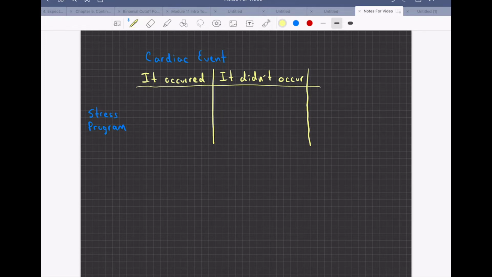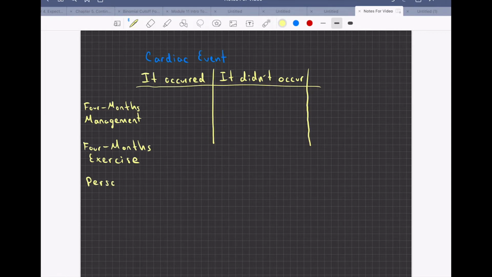Now, as for the stress program, remember, we have three categories: 4-month stress management, 4-month exercise, and personal care with a physician.